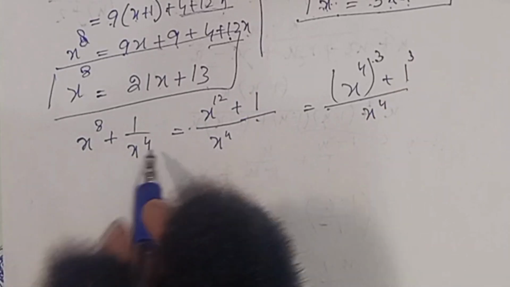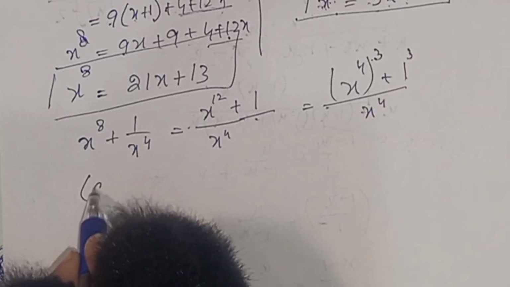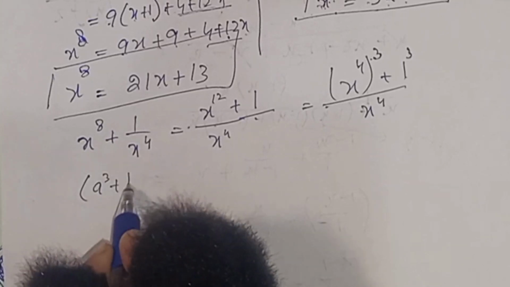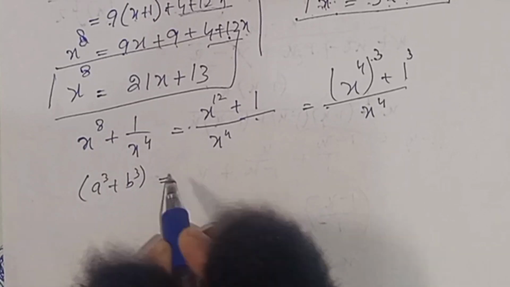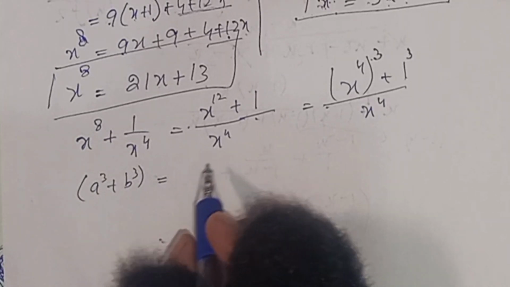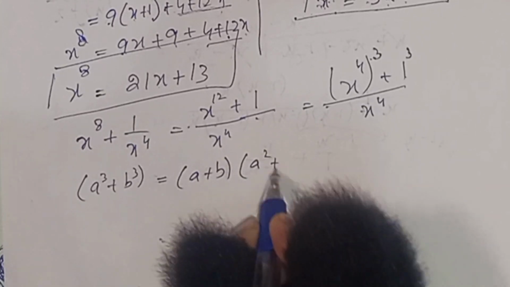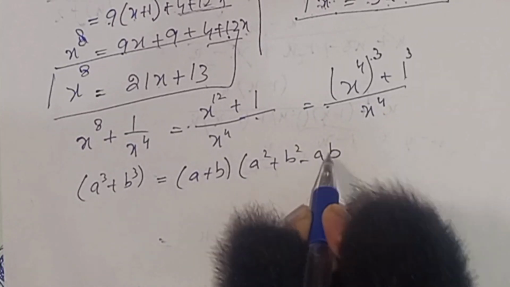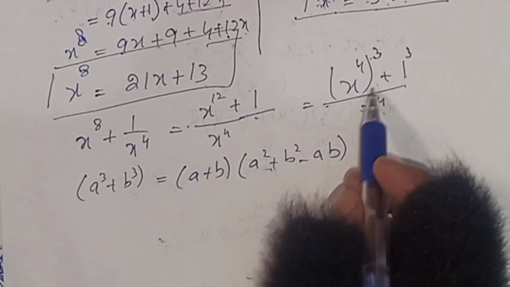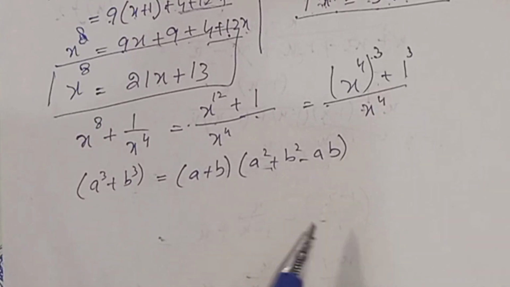And here we apply an identity. We know that a^3 + b^3 is equal to (a + b)(a^2 + b^2 - ab). So we apply this identity on the numerator.